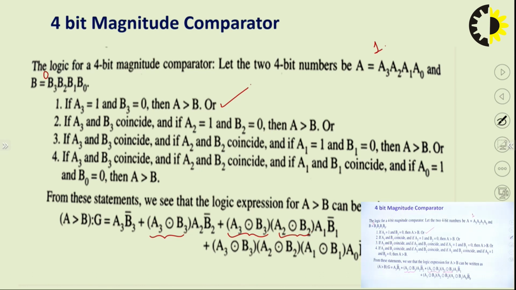If A3 and B3 coincide, let us suppose this is 1, this is also 1, and this is 0, and this is also 0.